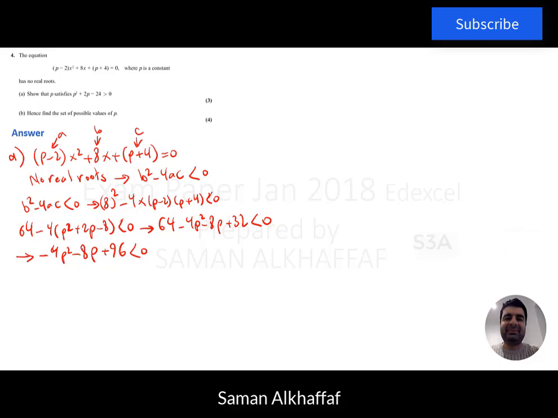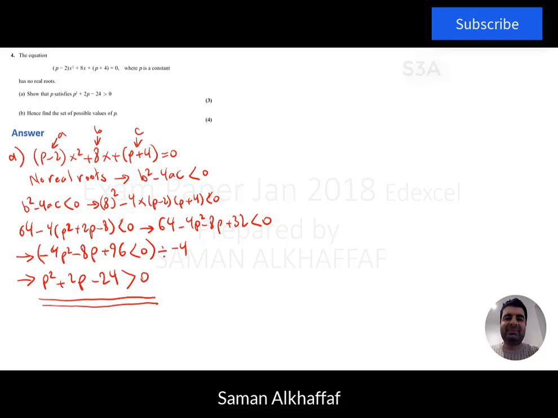Now we can divide this expression by -4, and that would give us p squared + 2p - 24. Because we divided by a negative value, it will change the sign from smaller than 0 to bigger than 0. And this will be our answer for part A.